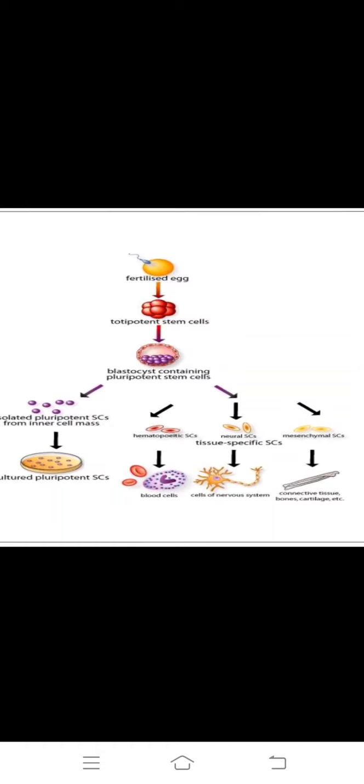Before it forms, the totipotent stem cells. After the blastocyst, the blastocoel is also present, containing pluripotent stem cells. Totipotent stem cells are formed by cleavage, and after the blastocyst it contains pluripotent stem cells.